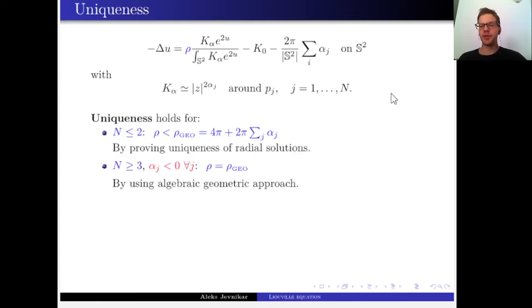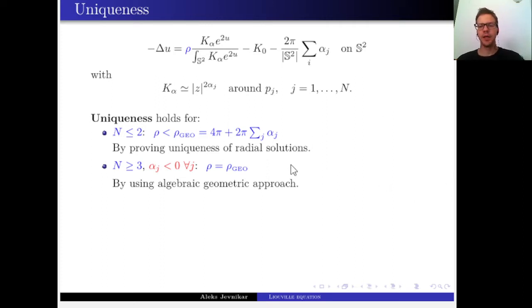Alright, so we were talking about uniqueness. Uniqueness is expected for rho small. So indeed the uniqueness holds, and the two known results are the following.